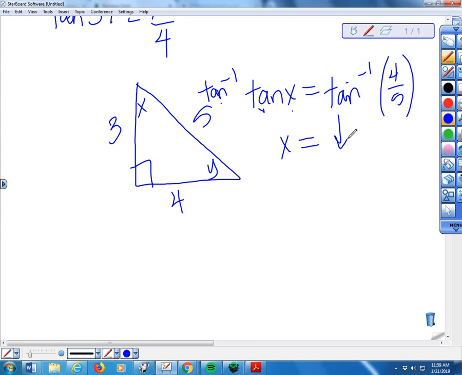Okay, so in a calculator, what you're going to do, make sure first you go to mode. Everybody grab one if you don't have one. Go to mode. You see where mode is? Right next to the second button.